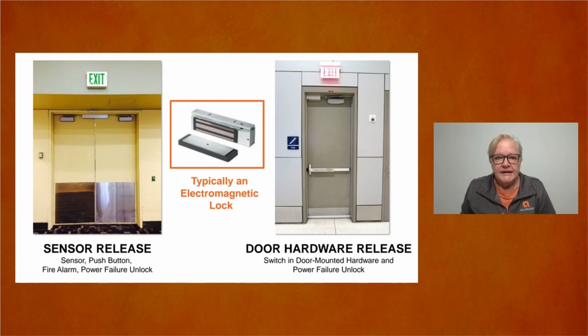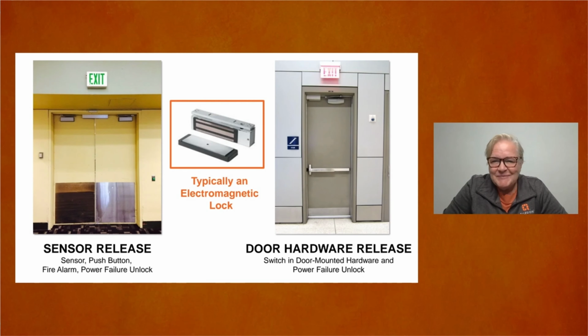With the door hardware release, that's the one I've been using as an example, it's the one on the right, it's the same type of lock. It's usually a mag lock, but instead of being released by a sensor, the lock is released, like I said, by a switch in the hardware that's mounted on the door. So same lock, different release methods. So with this application, the model codes don't require the auxiliary push button or the fire alarm release.